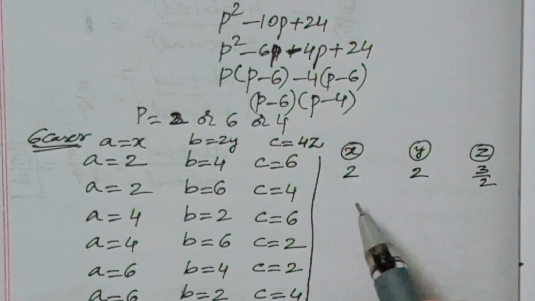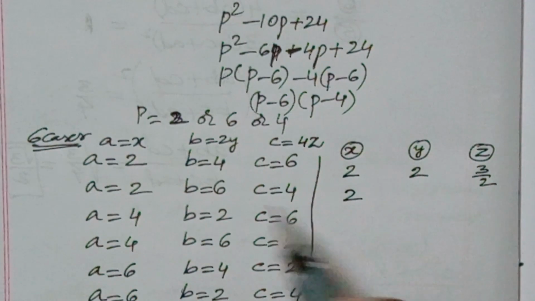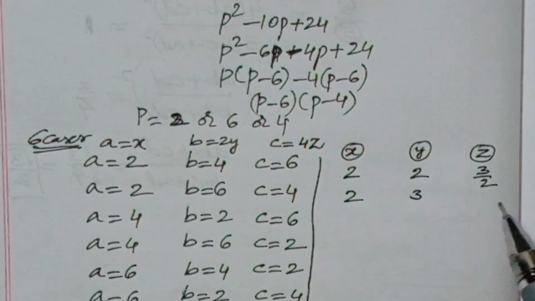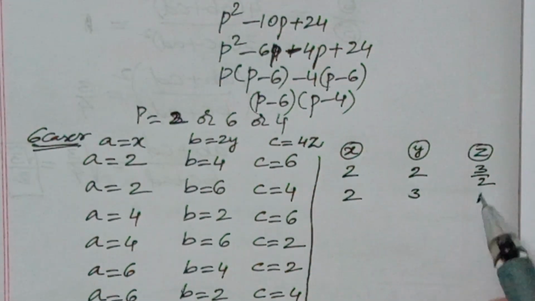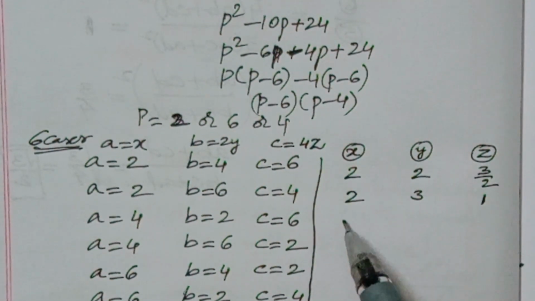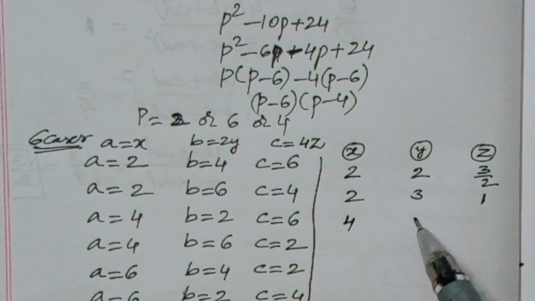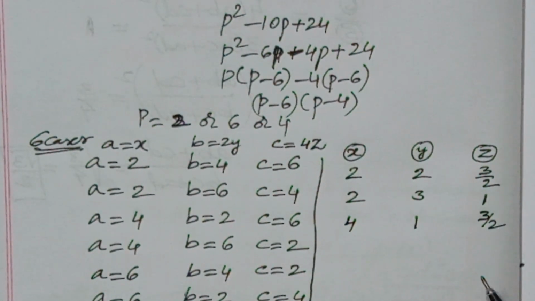Second one, x value 2, y value 6 by 2, you will get 3, and z value 4 by 4 will get 1.